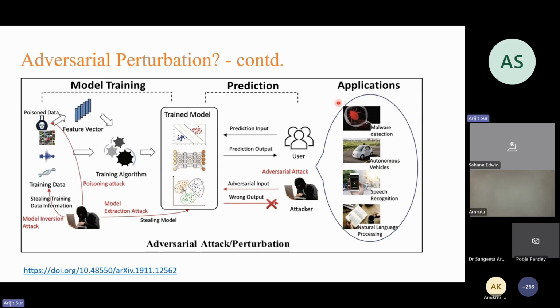Now this diagram I've taken from this paper. It's a very interesting kind of diagram. You see what is actually happening. We start with different application areas like malware detection, autonomous vehicles, speech, and so on. What the user is basically doing is predicting the output for the input.